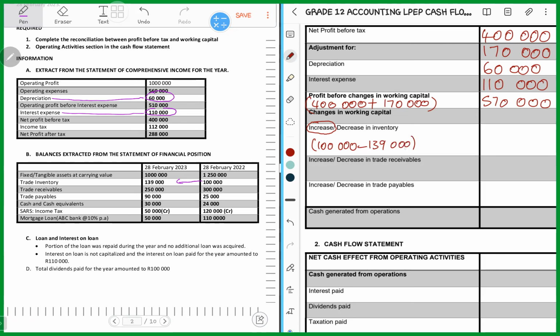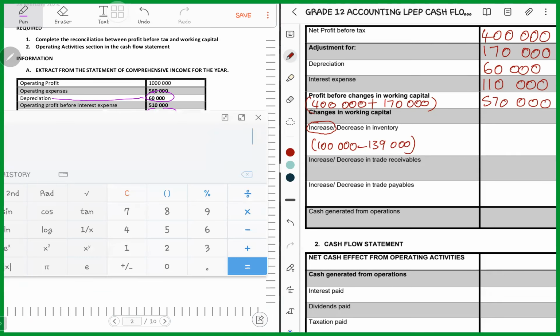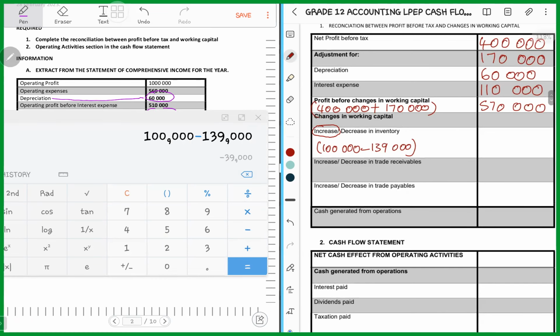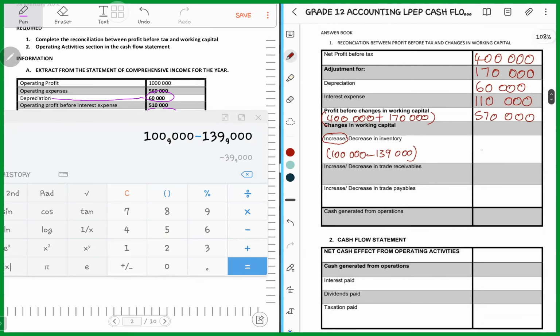Now, when you compute the numbers on your calculator, it will give you a negative difference. That negative difference is a sign that an increase in inventory is an outflow. So we're going to have an outflow of 39,000.